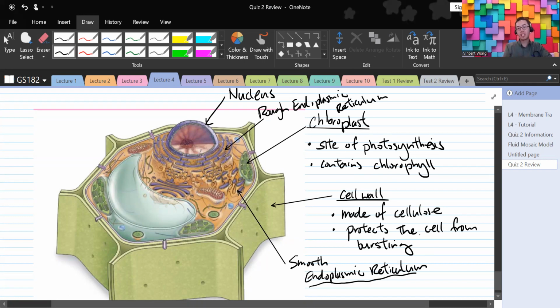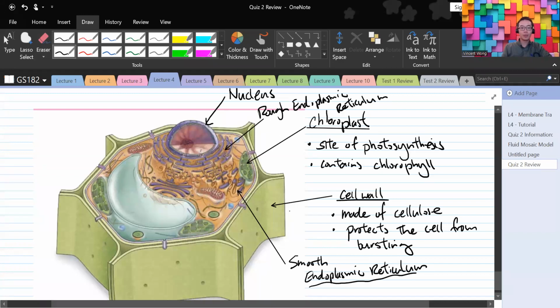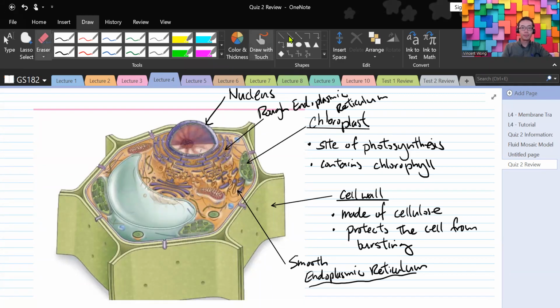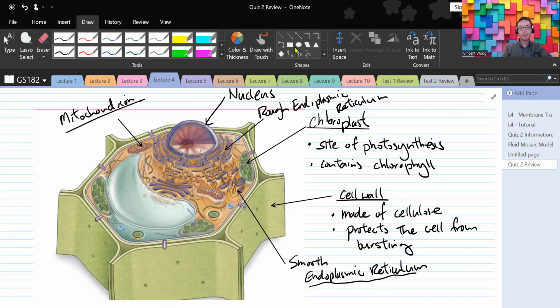Lipid synthesis, breakdown of lipids, detoxification. Like you might think, well, why would there be drugs in a plant? Well, if there's herbicide or something, then the plants need to process them. That probably happens in the smooth ER as well. We have the mitochondria here, energy production.